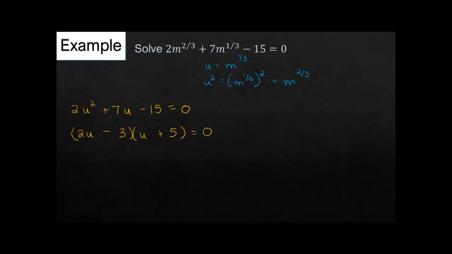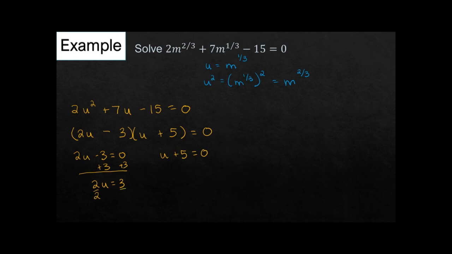So I factored that. So now I have to set each factor equal to 0. So we have 2u minus 3 equals 0. u plus 5 equals 0. So for 2u minus 3 equals 0, I add 3 to both sides, which gives me 2u equals 3.